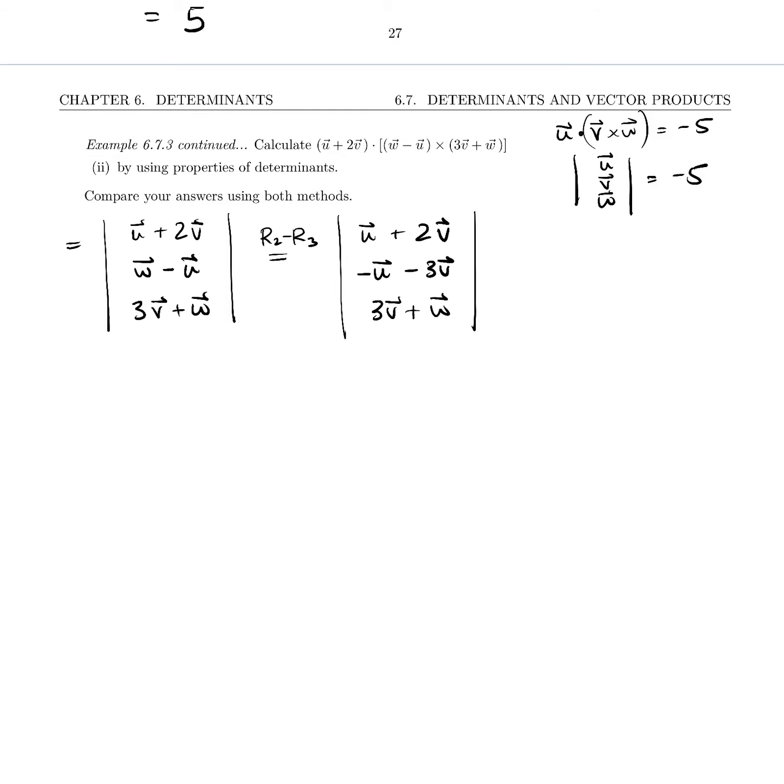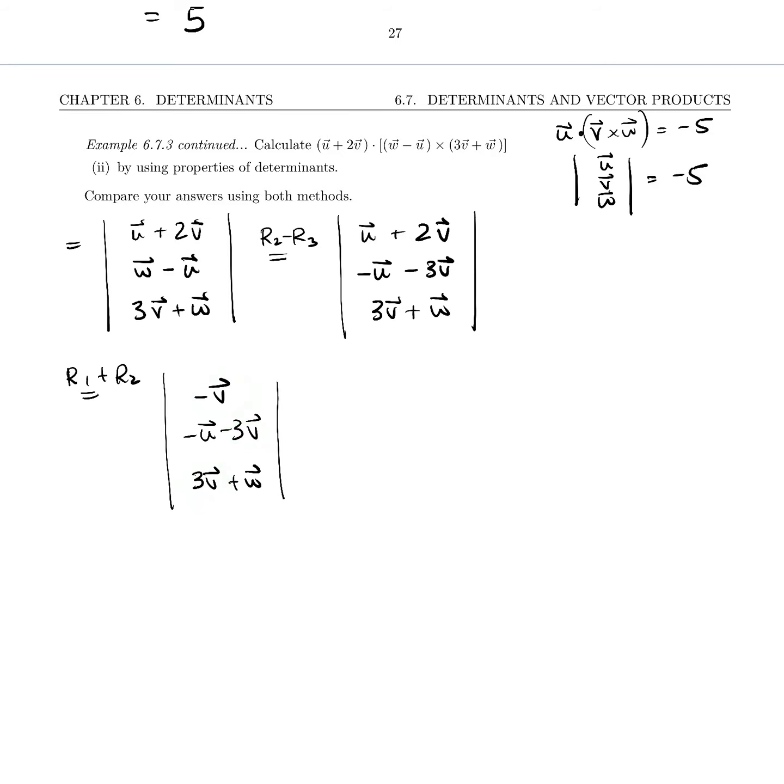So if I do row 1 plus row 2, again, that operation doesn't change the value of the determinant. If I add these two together, the u's are going to cancel out, and I'll have 2v minus 3v, I will get minus v. Then I have minus u minus 3v, and 3v plus w.